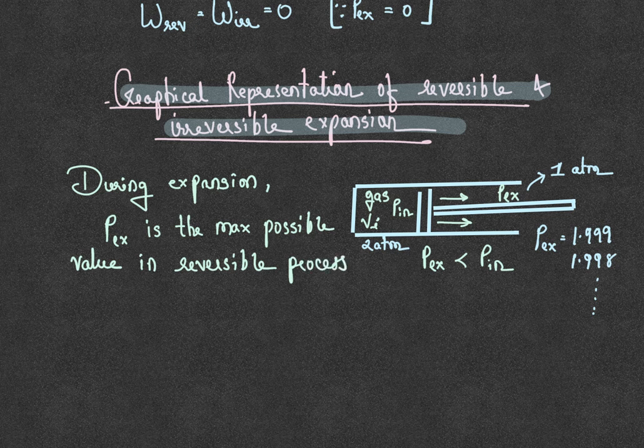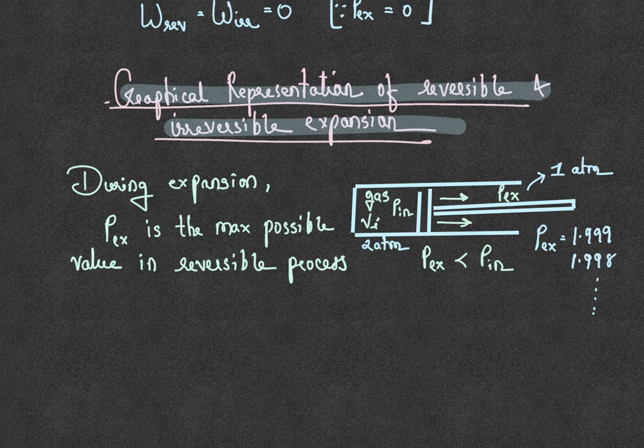So when you're talking about a reversible process, you can see that here P external could be 1 atm, but when you're doing it in a reversible way, P external is the maximum possible value that you have to put. And therefore, P external is much higher in reversible than in irreversible.